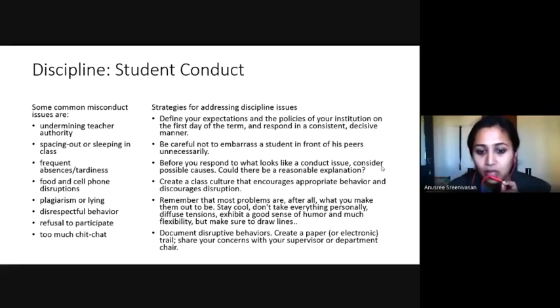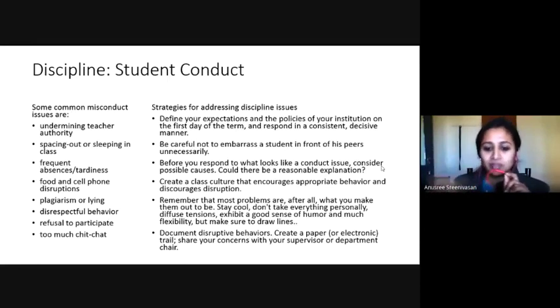I know teachers sometimes take things very personally, so it is better not to. They are students, they are children, they're supposed to do that. So it's not particularly you; they must be doing this in any other class, or even if they don't, it's not about you. So don't take things personally and create tensions unnecessarily.